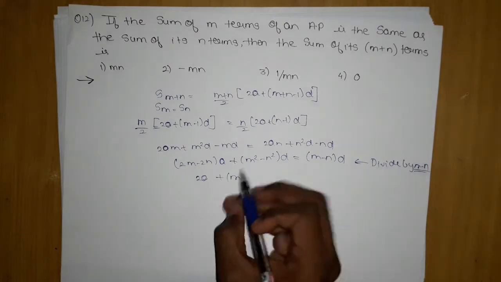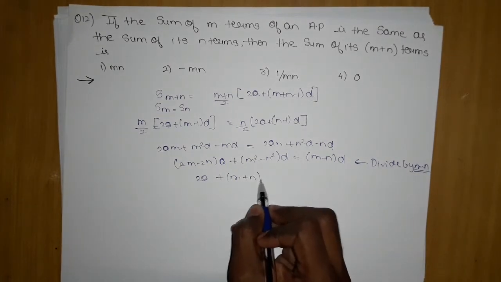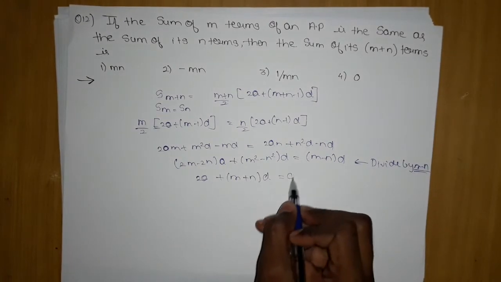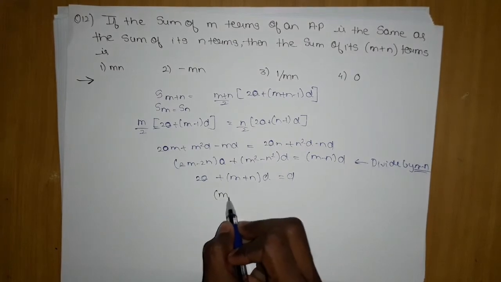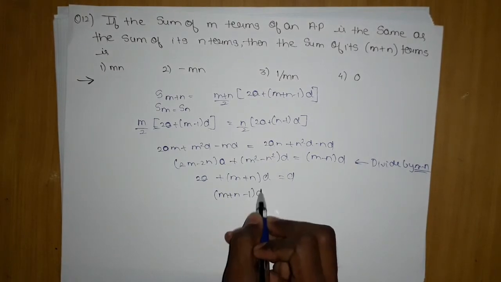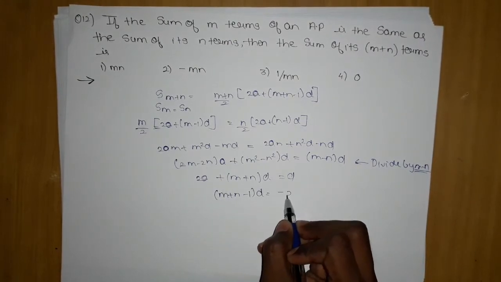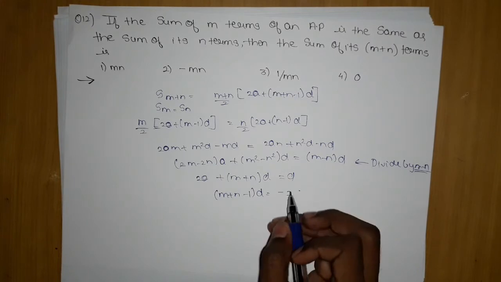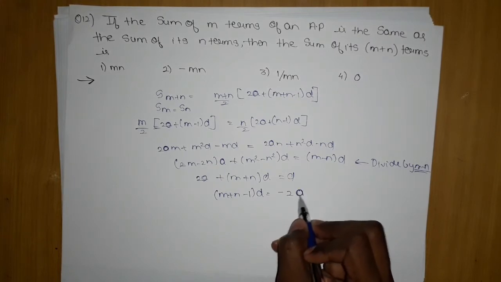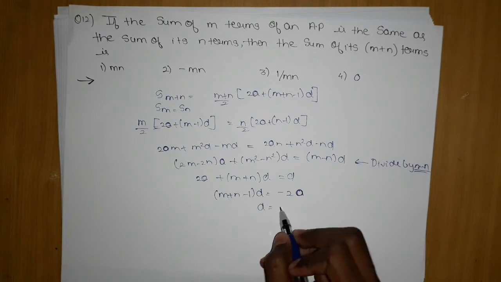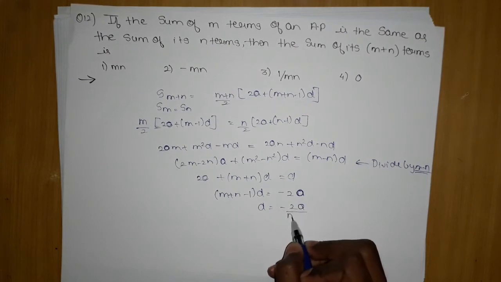Then we get 2a plus (m plus n) into d is equal to d, giving me finally (m plus n minus 1) into d is equal to minus 2a. So we got the d value as minus 2a upon (m plus n).